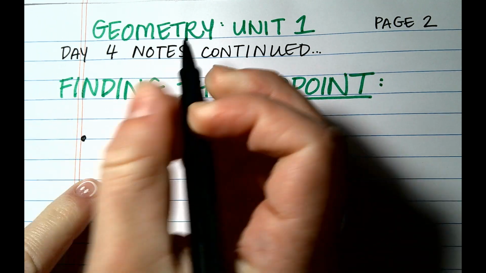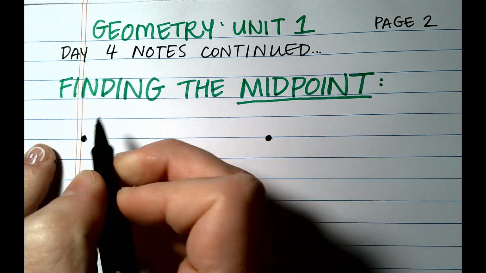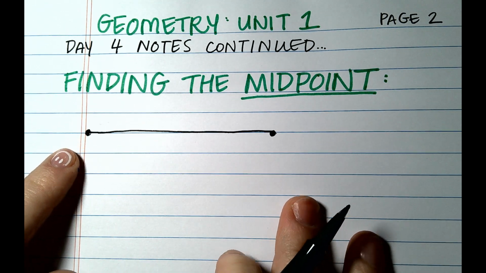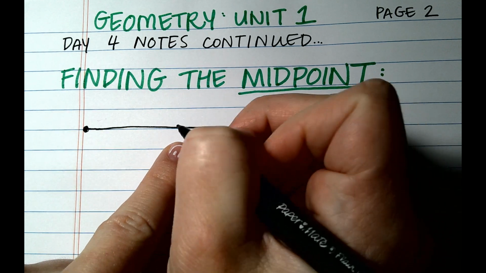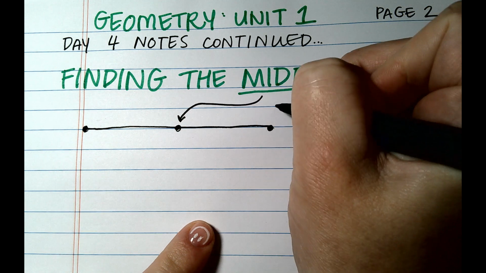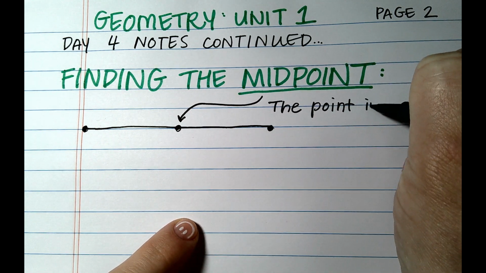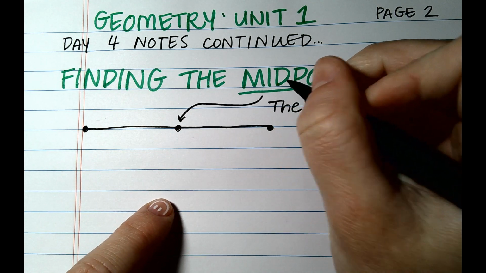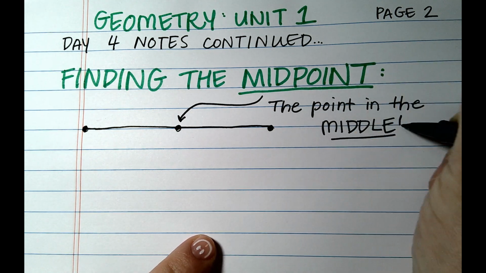For example, if this point and this point were on a line and they're the end points, the midpoint would just be right in the middle. Something right here. The point in the middle is where that name midpoint comes from. It's talking about the middle, right in between.